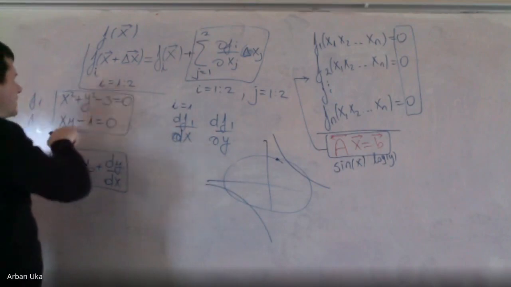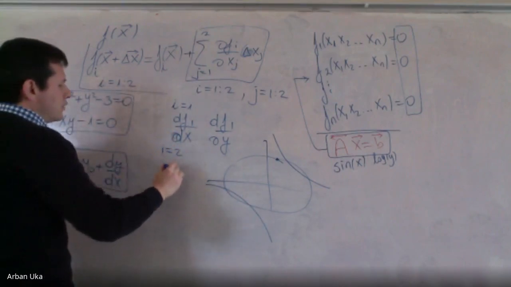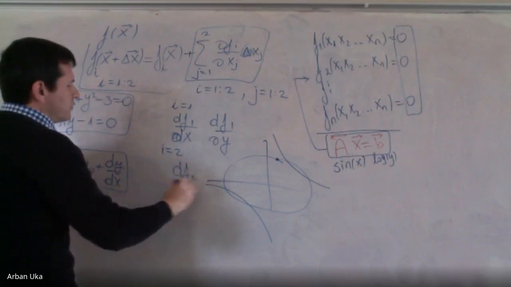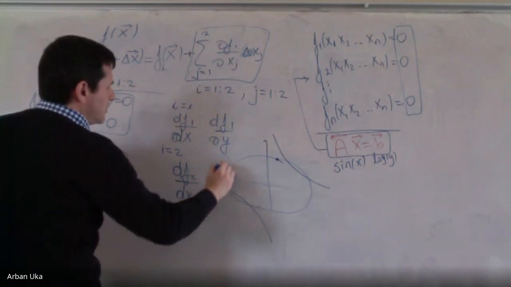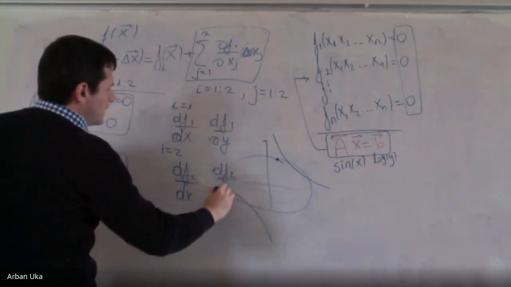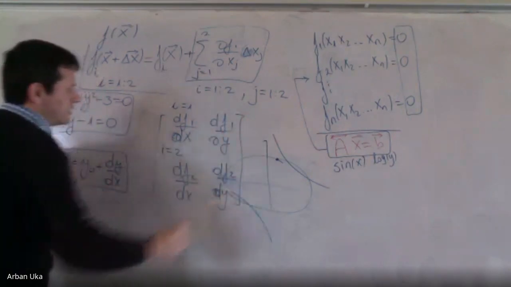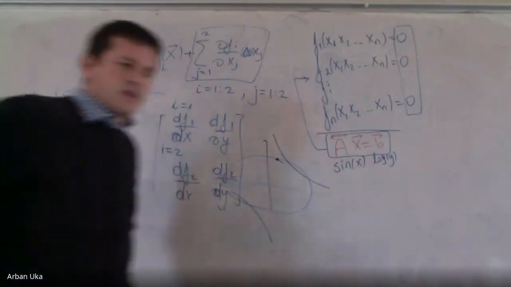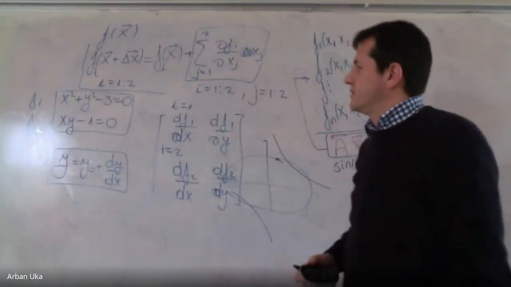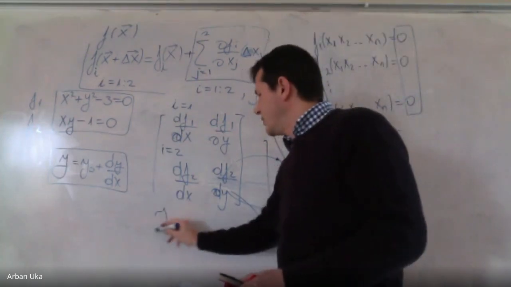And when we get the other value for i, when i is equal to 2, we'll get the derivative of f2 with respect to x, and the derivative of f2 with respect to y, okay? So this is what we're going to acquire. So we'll get the 2 by 2 matrix to represent the derivative of a function. Now, this matrix is called the Jacobi matrix.